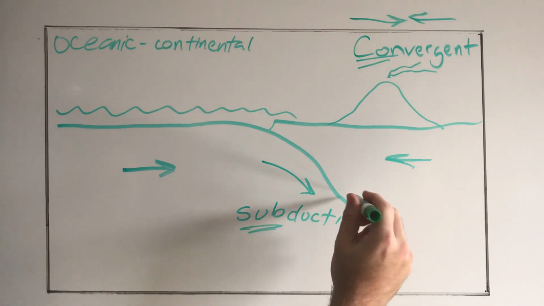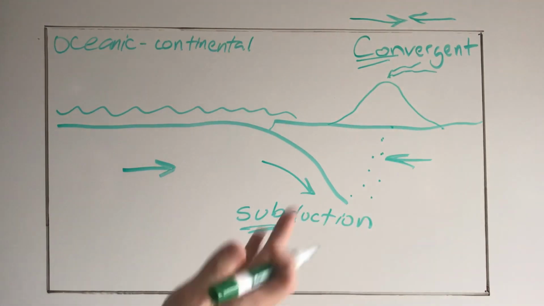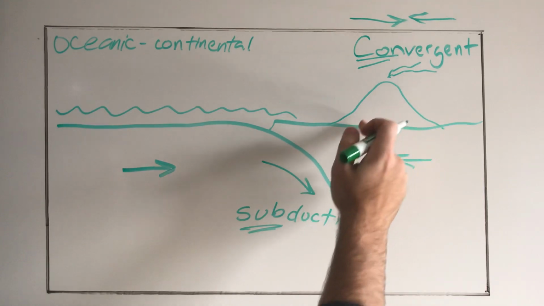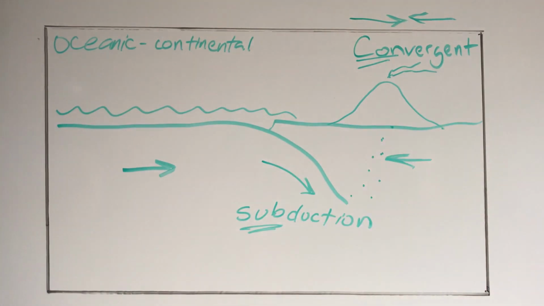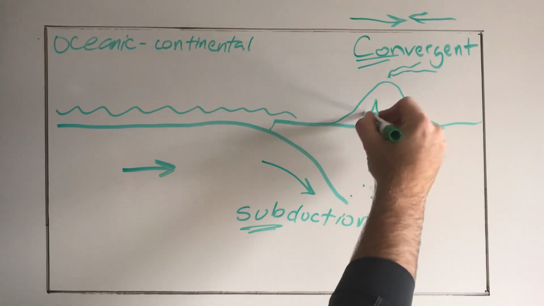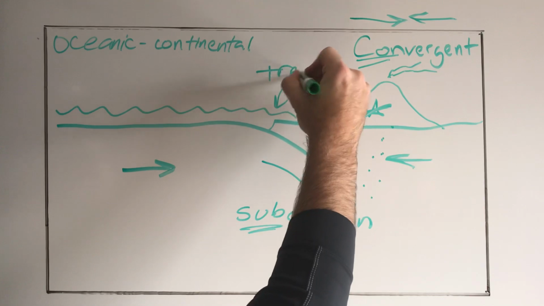The reason for that is as this gets deeper and deeper, that crust is going to melt. And due to the density dropping, the material will rise, and that is what's going to slowly form that volcano. But remember, subduction, yes, always has a volcano, but it also will always have a trench.